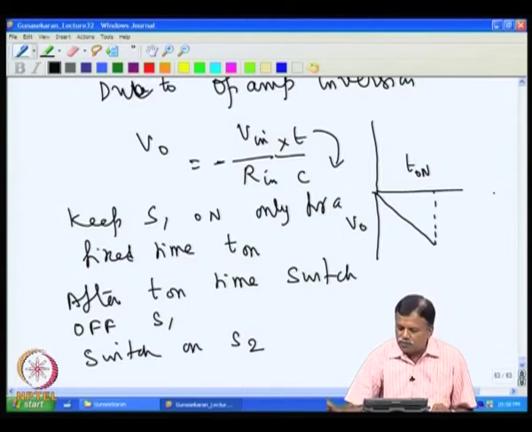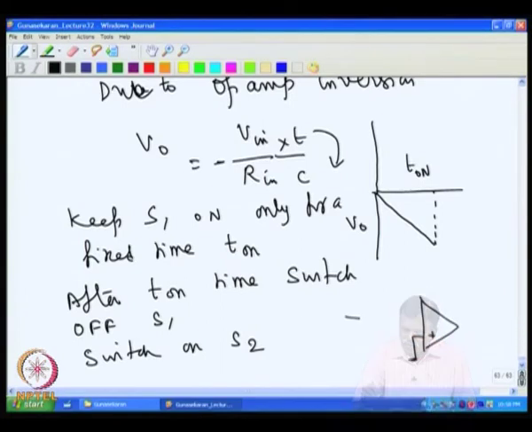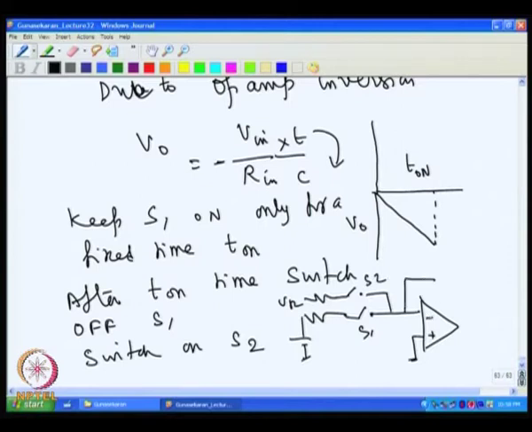If you look at our circuit, S1 on charges through this V input, and the V reference is connected through S2, and our capacitor is connected here. So, when S2 is on and S1 is off, VR is minus V, so a minus fixed voltage is given.